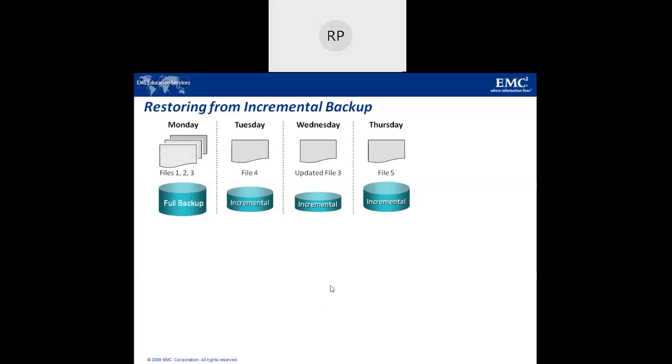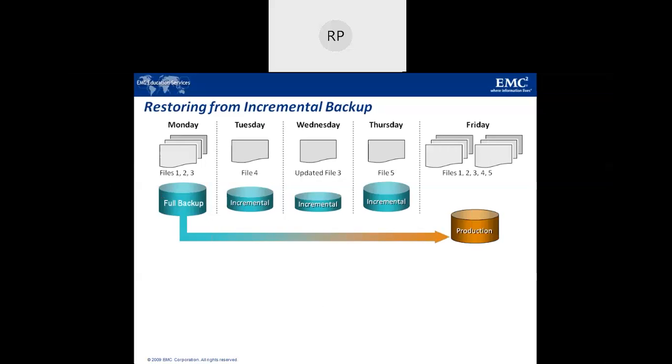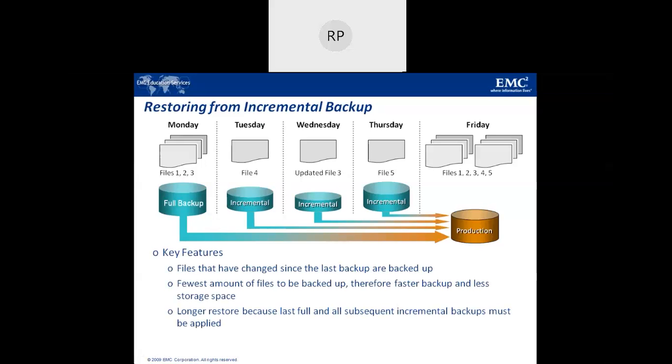But in incremental, each day's separate backup is going to be taken, and in the recovery process, the one copy of full backup and all the incremental backups are added to produce the data which is lost.